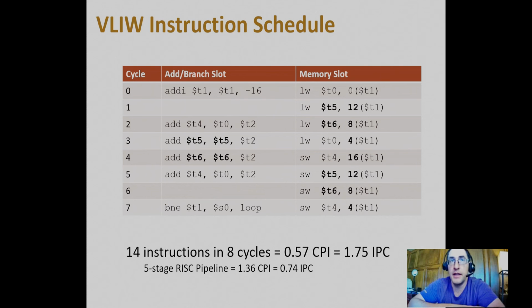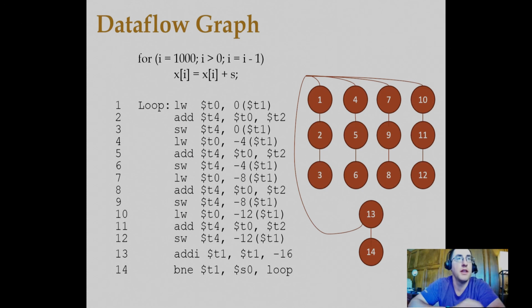But then notice that the next line, load word T5, is now going to offset 12 from T1. This is actually -4. And this corresponds with here, line 4, load word T0, -4 of T1. So we move the add I of T1 minus 16 to the start of the loop, and then we add 16 to all of the following displacements or offsets.